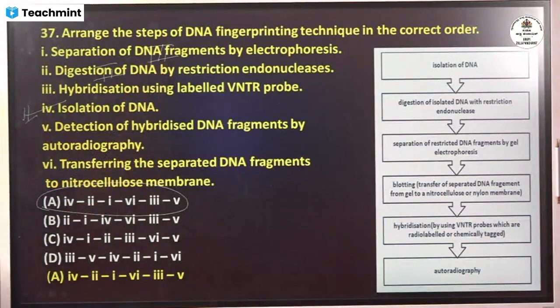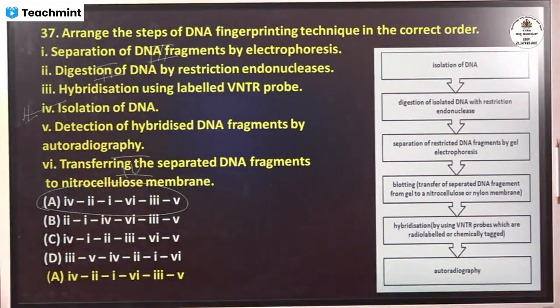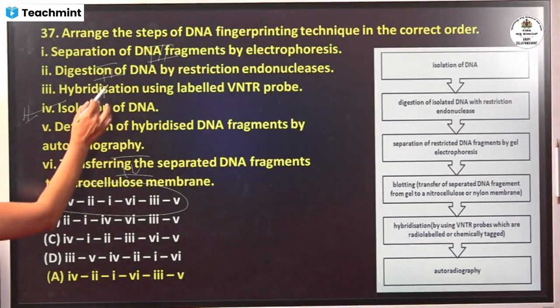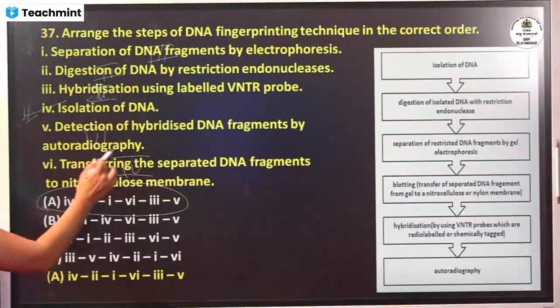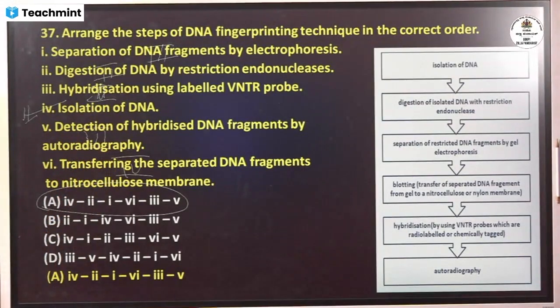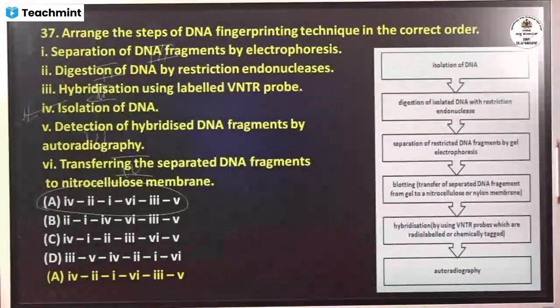The fourth is transferring the separated DNA fragments to nitrocellulose membrane, and then you have the hybridization using labeled VNTR probe, and the last step is detection of hybridized DNA fragments by autoradiography. So the right option is A.